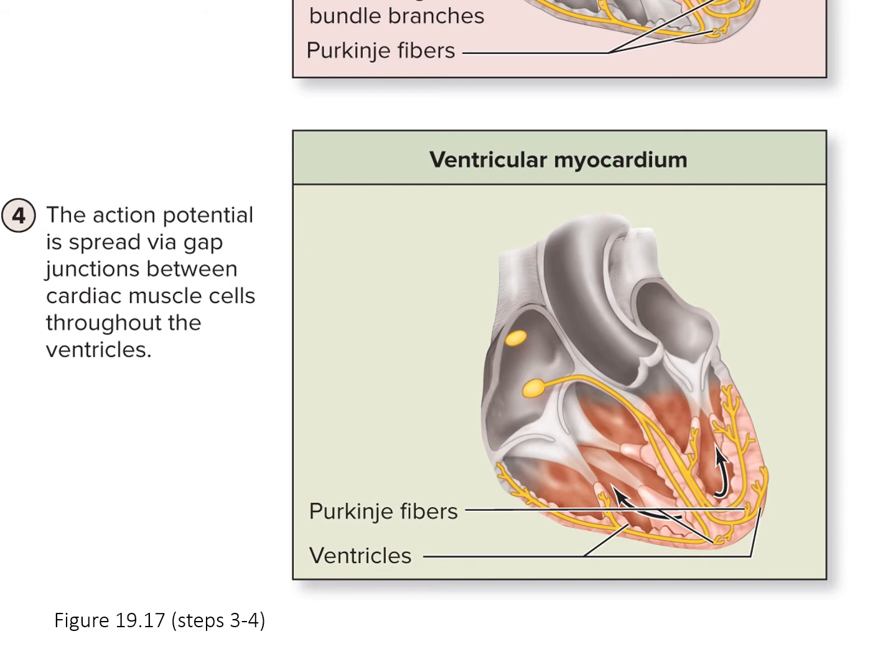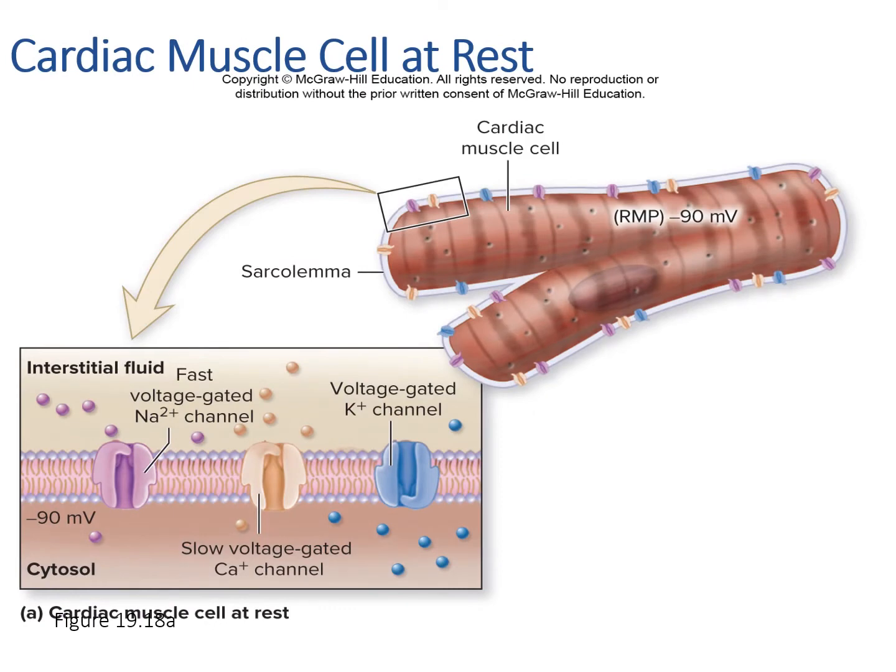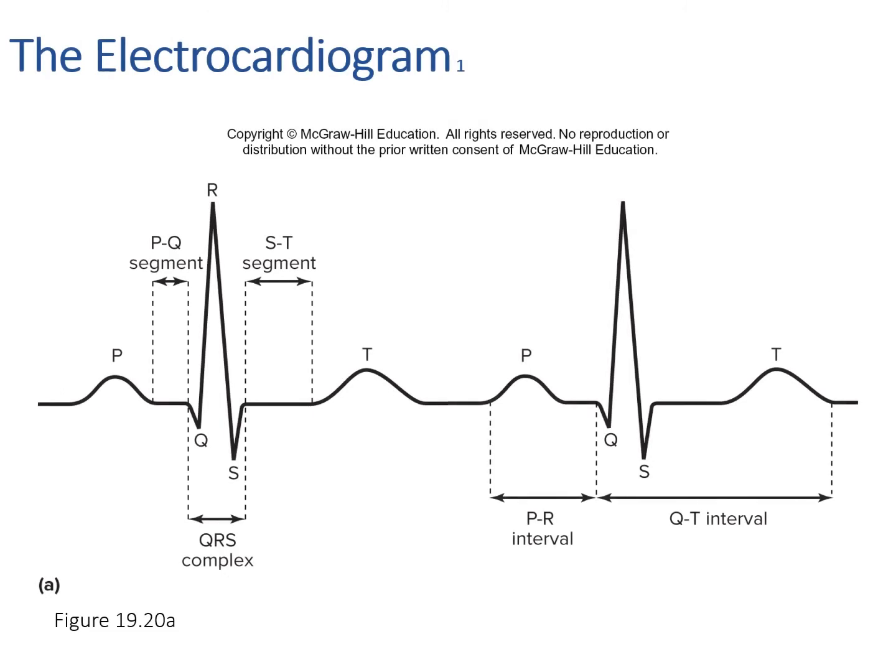The action potential spreads. Cardiac muscle cells at rest, as you see, have this closed. Thanks to an electrocardiogram, we can see when the blood flows through the atrium.